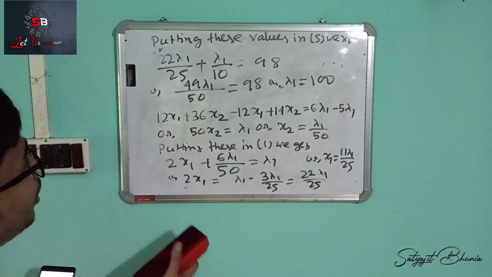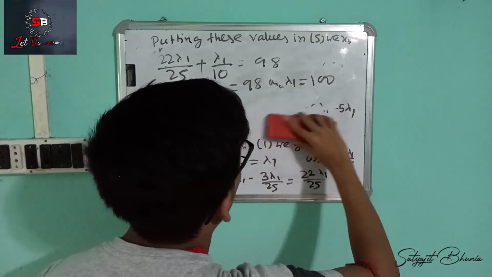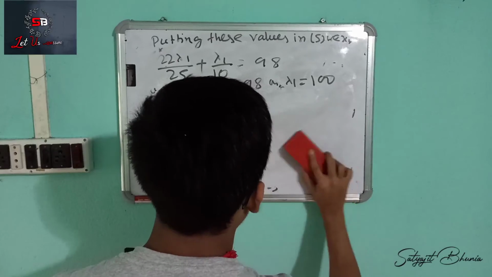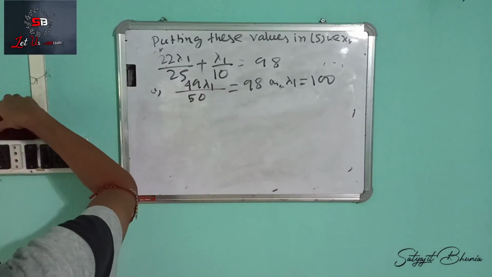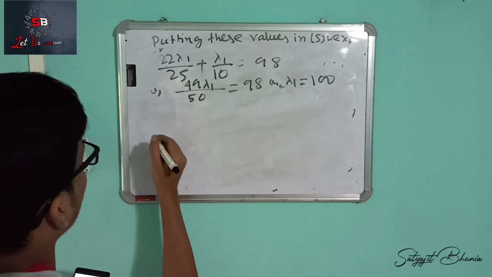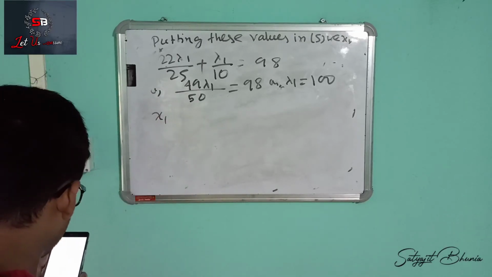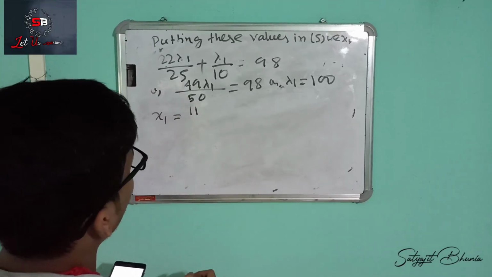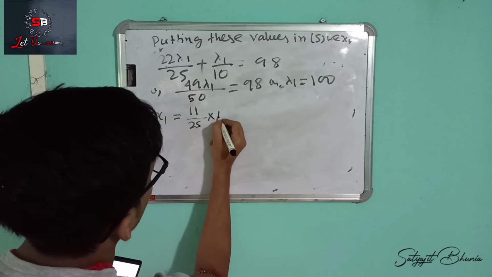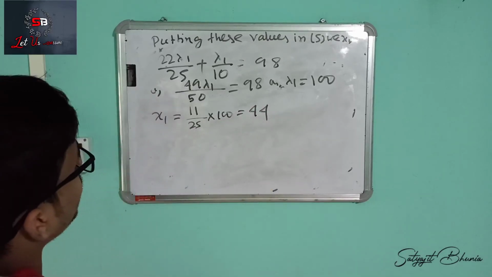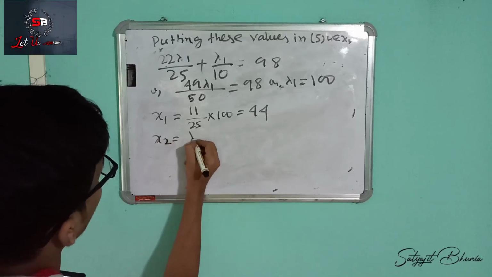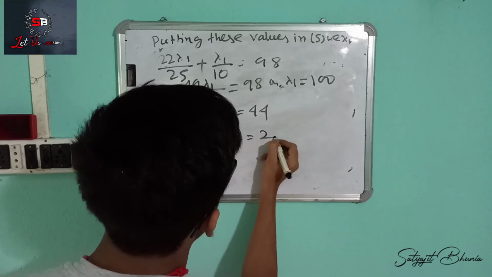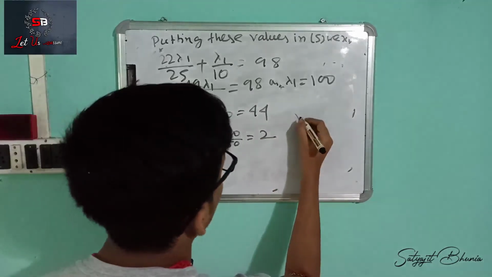So now we get the value of lambda 1, putting this value in x1 and x2, we will get the values of x1 and x2. x1 is equal to 11 lambda 1 by 25, so x1 will be 44, x2 is equal to lambda 1 by 50, that is 100 by 50, that is 2, and lambda 1 is equal to 100.